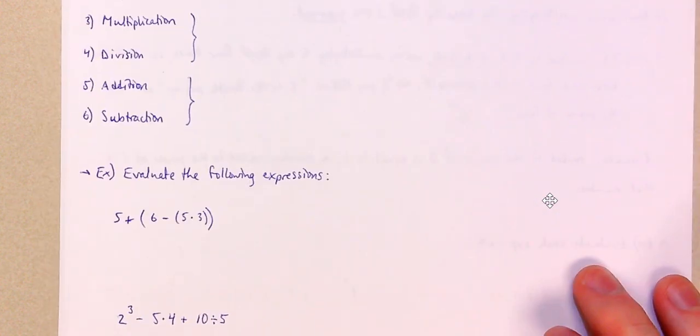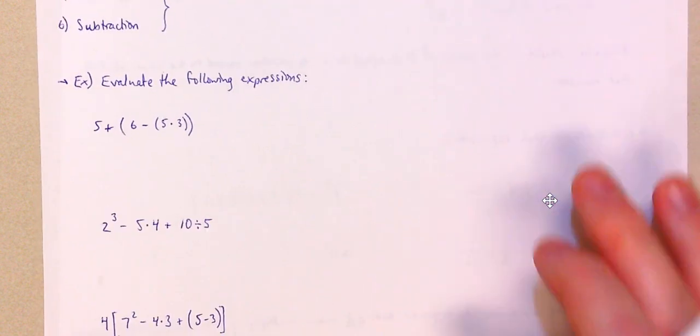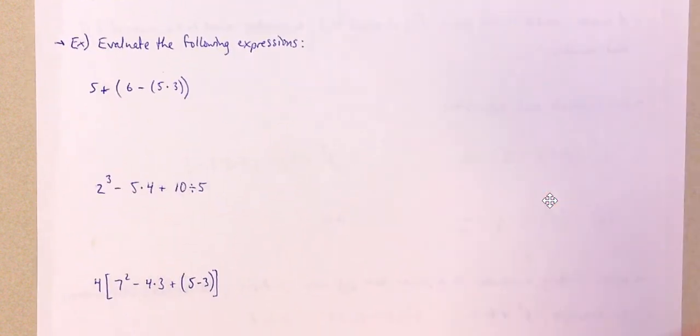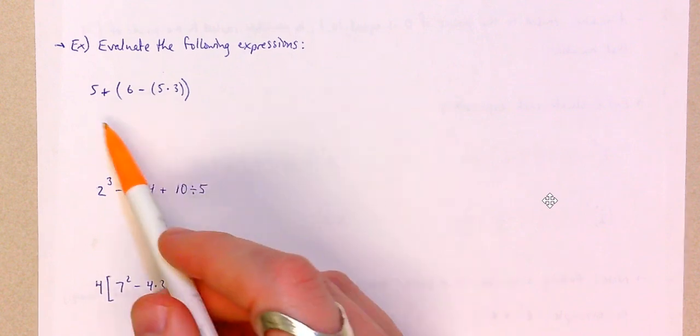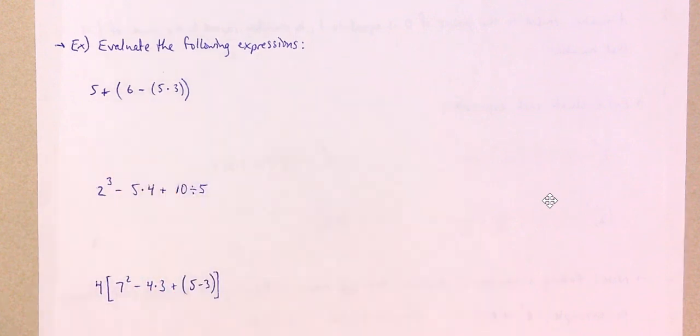So we're going to do some sample problems here, helping ourselves get used to the order of operations. So here I have 5 plus, and then in parentheses I have 6 minus, and inside another set of parentheses 5 times 3.